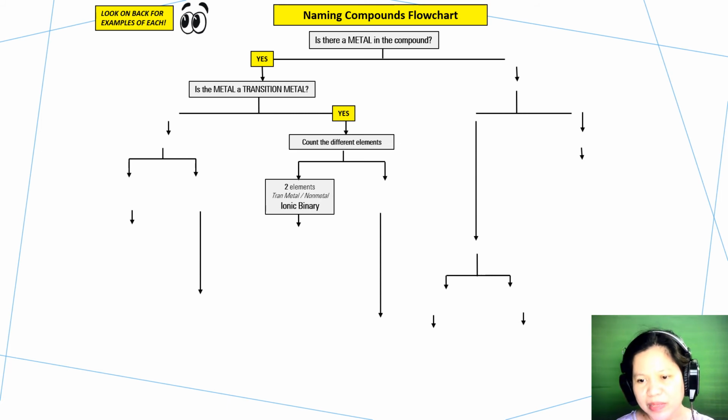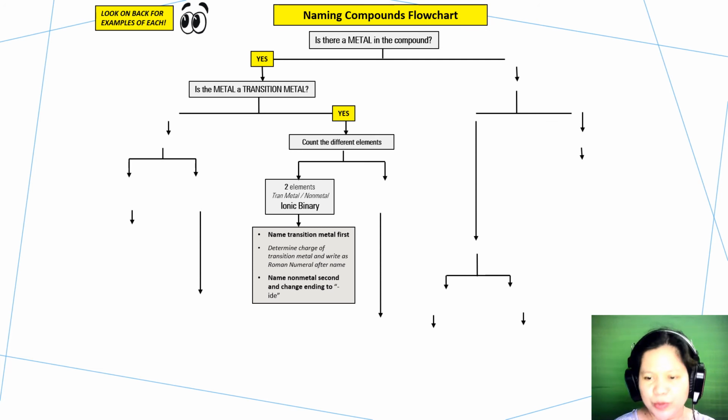Pag dalawang element lang, 2 elements, transition metal and non-metal, it is ionic binary. What would be the step? Okay, determine first the charges of the transition metal and write the charge into Roman numerals after the name. Halimbawa, iron 2 or iron 3.